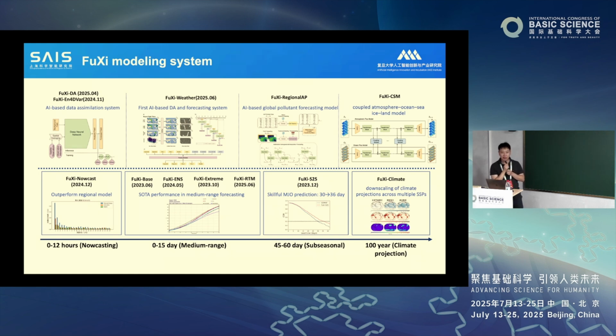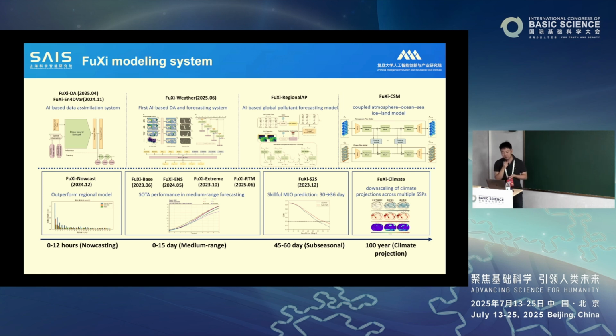In the end, I want to say this slide shows a family of the FuXi model system. FuXi is no longer just one model, no longer just a medium-range weather forecasting model that won us this award, but it's actually becoming a modeling system covering different time scales, from nowcasting 0 to 12 hours, to medium range 0 to 15 days, to subseasonal.